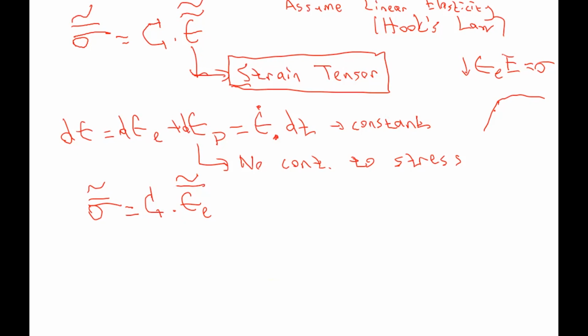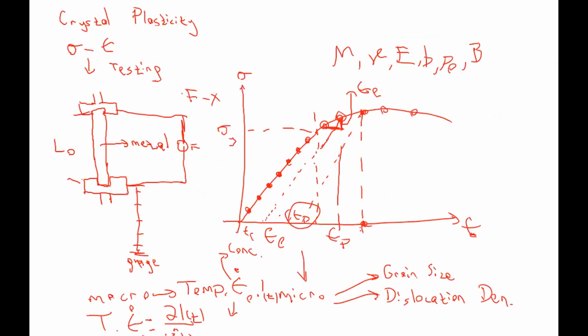So with crystal plasticity, we will do a self-consistent iterative process. If you look at the data here, what we know is delta epsilon.